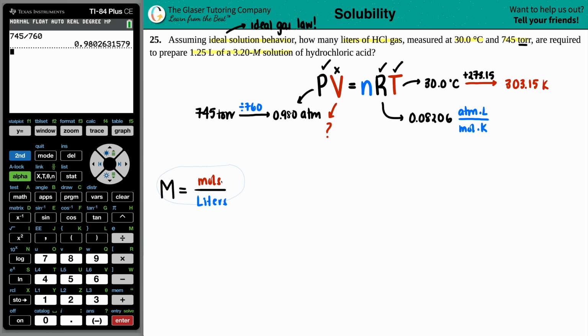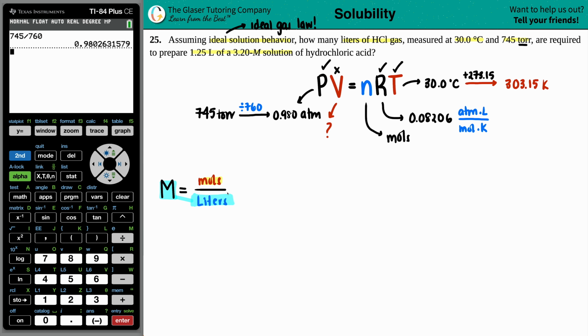Because the formula with molarity and a volume is molarity equals moles over liters. And there's the moles that I'm going to plug in for my n value, because n is the moles. So if I cross multiply this, molarity times liters will get me the moles.